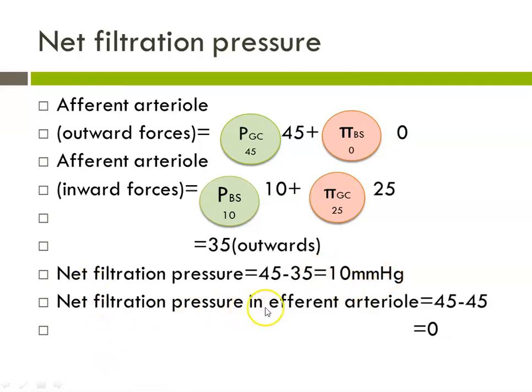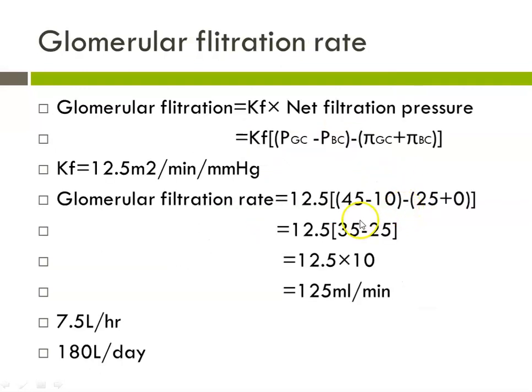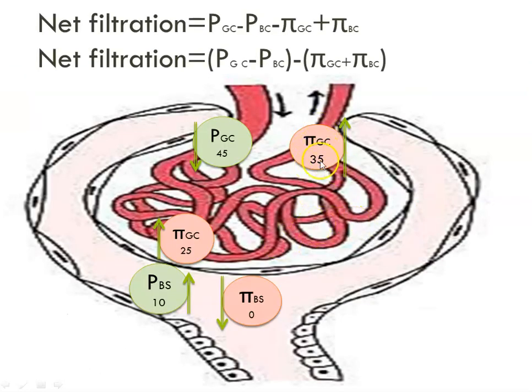Now we have to calculate the net filtration force in the efferent arteriole. Only this value changed, because all the other values are the same. Only the oncotic pressure changed to 35. I already explained how this 35 comes: the oncotic pressure in the glomerular capillaries towards the efferent arteriole is 35.